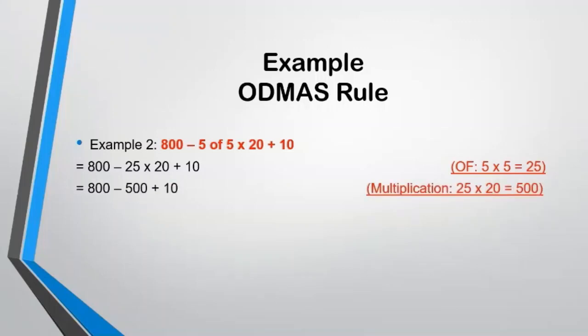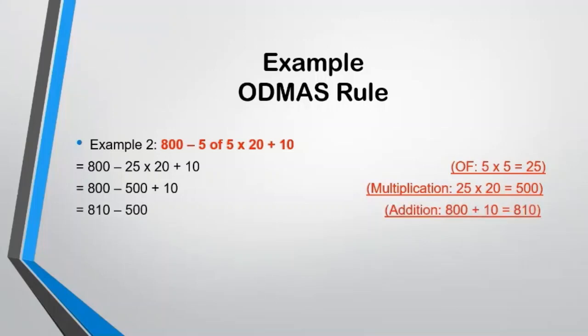But in this, if you guys are thinking, why are we not doing division? Because there is no division in this mathematical expression. So we just skip D for division and we will do M for multiplication. So that will simplify the mathematical expression to 800 minus 500 plus 10.